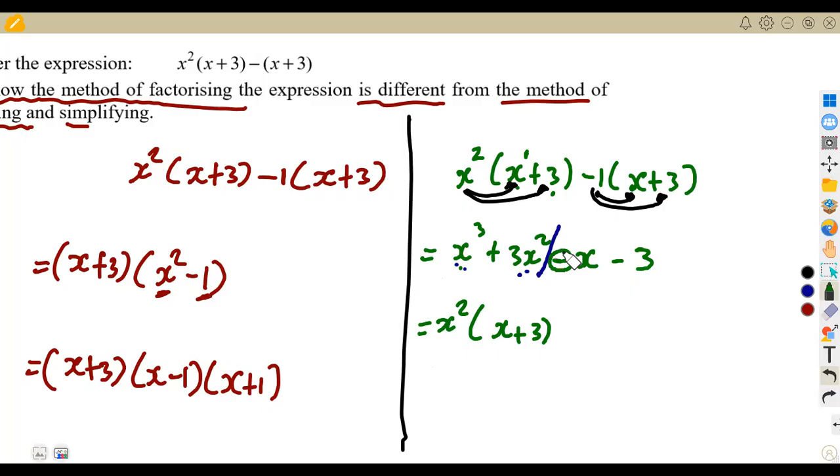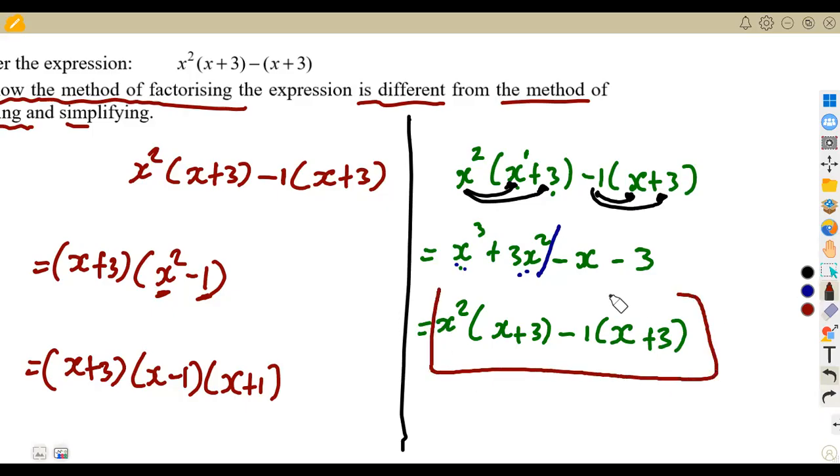And here I have to factor out so that I remain with the same bracket of x plus 3. I factor out minus 1. So negative x divided by minus 1 is a positive x, and minus 3 divided by minus 1 is a positive 3. I'm having the same bracket. And as you can see at this stage, guys, we are back at this point here.